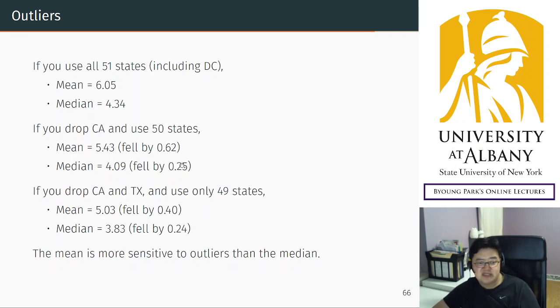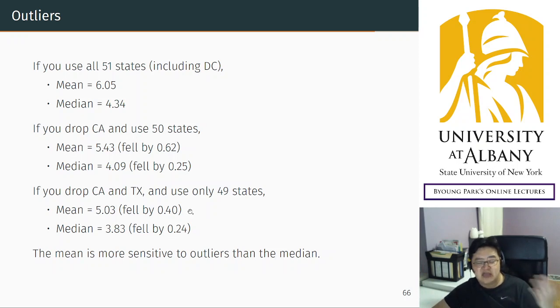So as you can see, the mean is more sensitive. If you add or drop California, the mean changes much more than the median. Similarly, if you additionally drop Texas, the mean changes by 0.4, but the median changes by only 0.24.